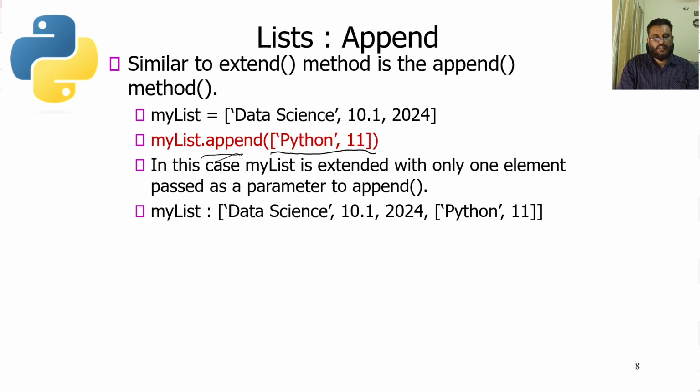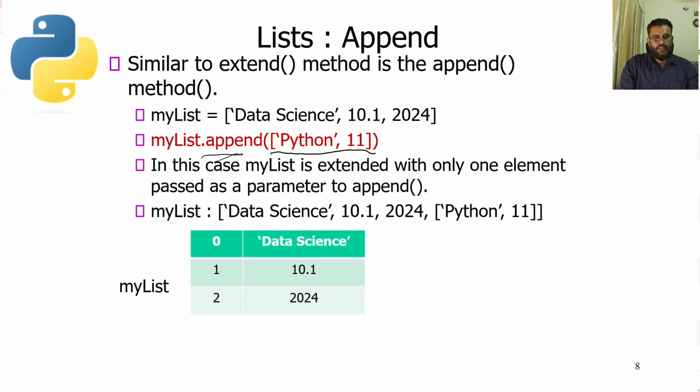So a list can contain different sorts of data types. It can have strings, integers, floats, other lists or other tuples, and so on. In this case, I had this list originally, and I want to append another element, which is a list. I can make use of the append method, and it will be stored at the next index of the list.